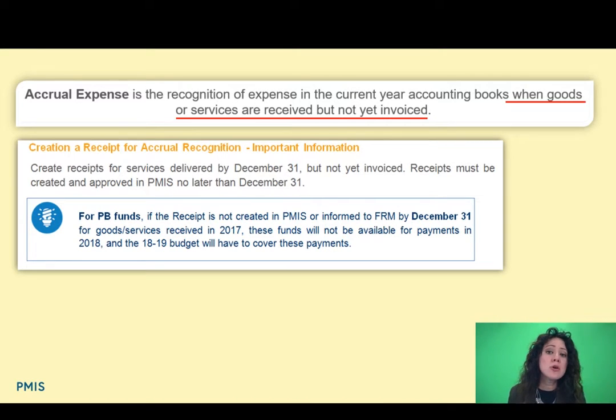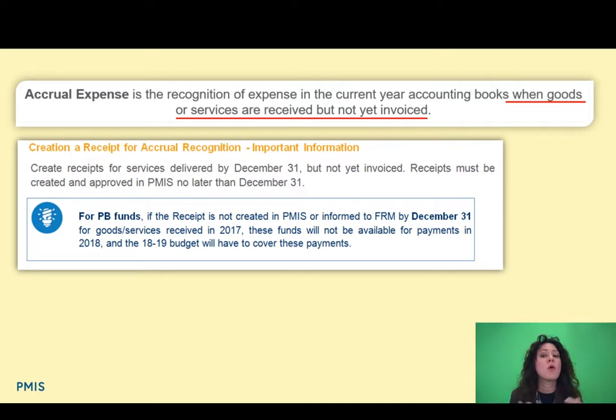So all those receipt accruals that you have to create at the end of the year must be approved by December 31st.